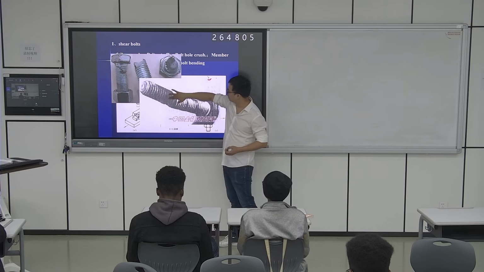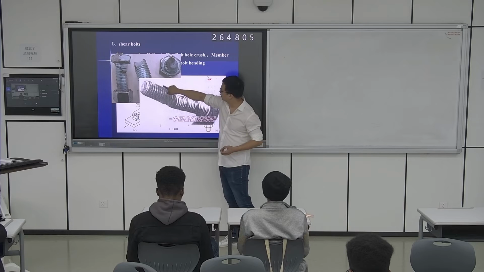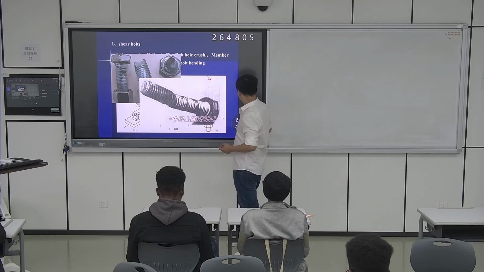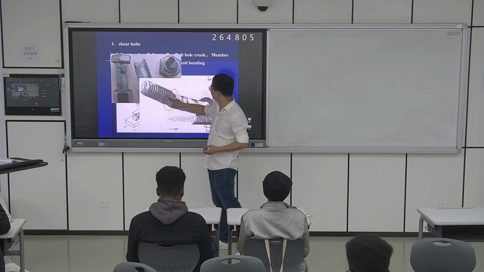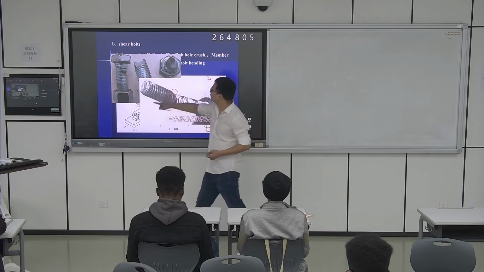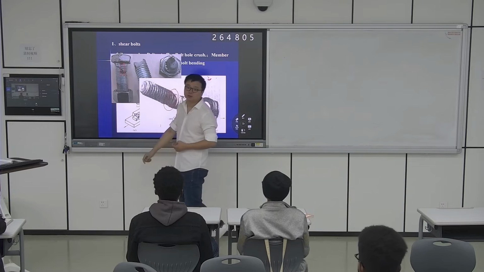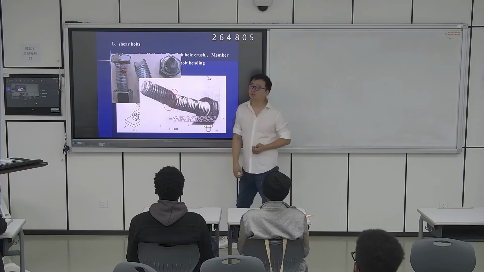It is broken in this type. The broken cross-section area is here, right? These areas you can calculate on this side, right?